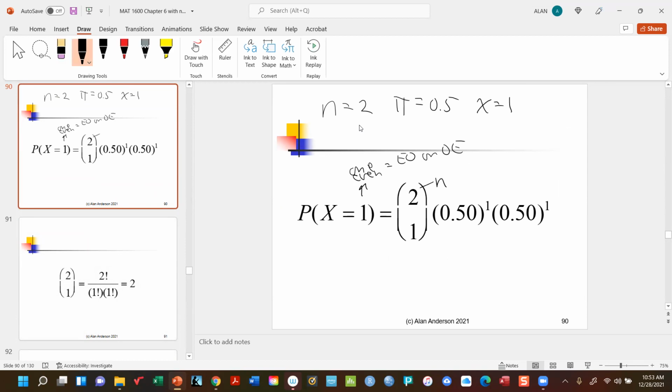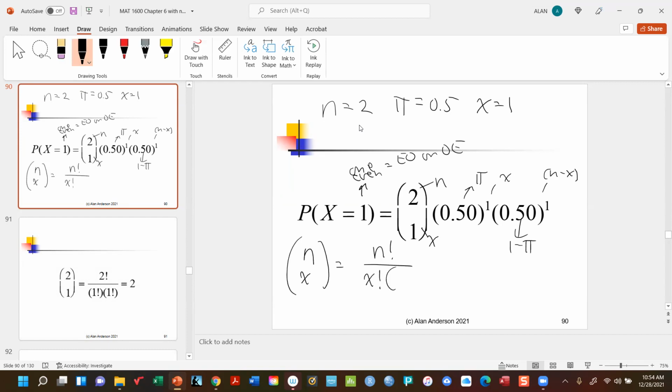This is, of course, n, this is x, this is pi, 1 minus pi, x, n minus x. Now, on the next slide, remember, once again, what I've done is I've separately calculated this term.